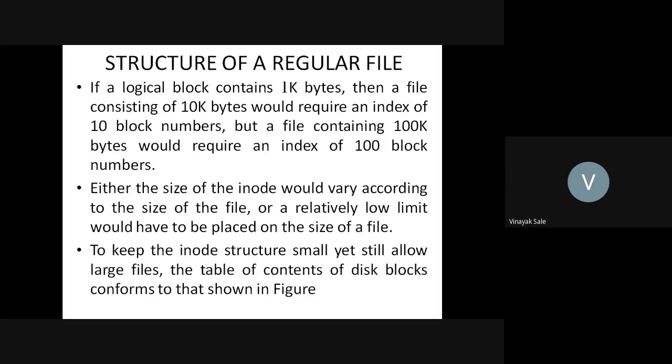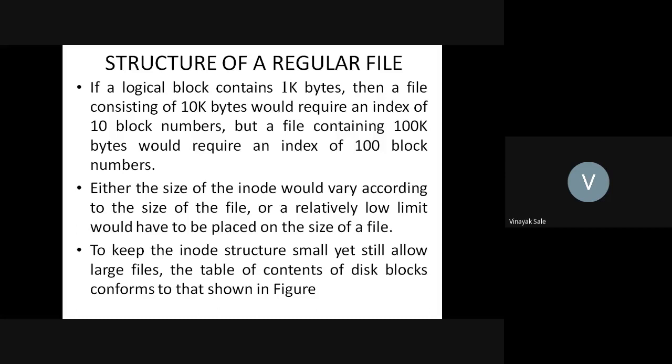If the memory unit is 1 KB and the file contains data up to 10 KB, then it requires 10 block numbers, but a file containing 100 KB would require 100 block numbers. So either the size of the inode varies according to the size of the file, or a relatively low limit would have to be placed on the size of the file.